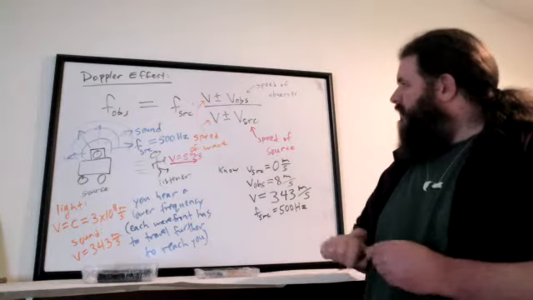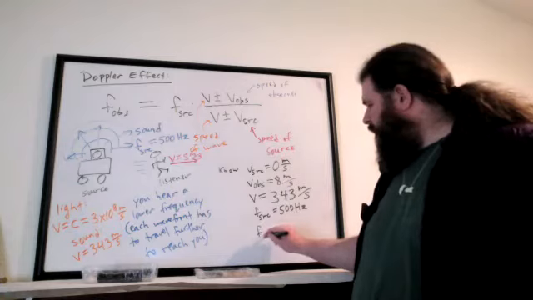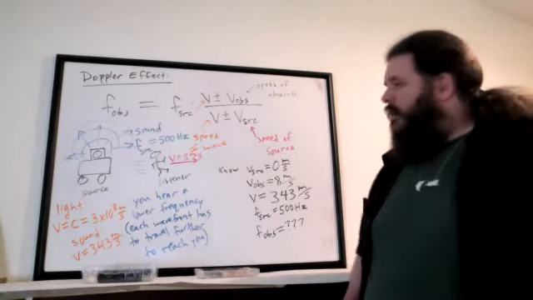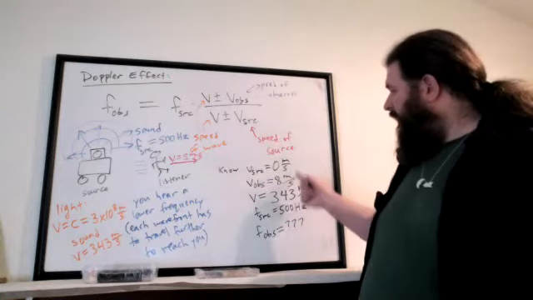And then it looks like the only unknown left is frequency heard by the observer. And we can now use the Doppler effect equation to calculate that just by plugging in all these numbers.